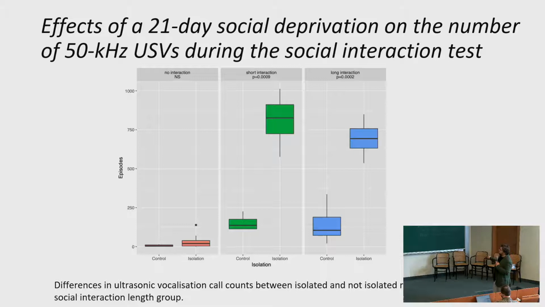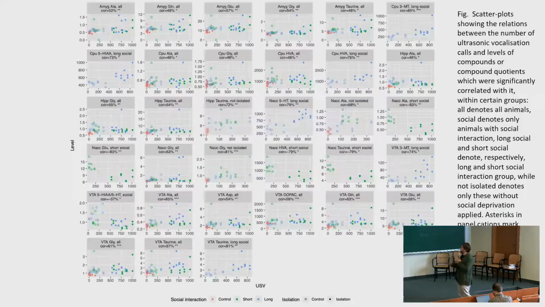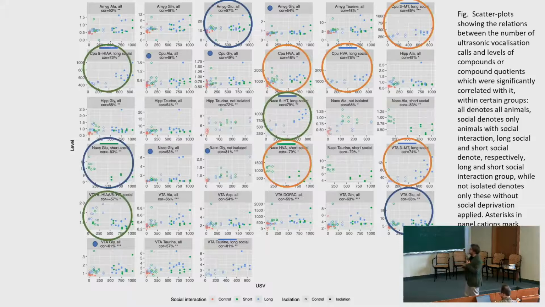So the encounter after social deprivation induces 50 kilohertz ultrasounds. We found 33 significant Spearman correlations between the number of USV episodes and the compound levels or ratios. Here are those results.